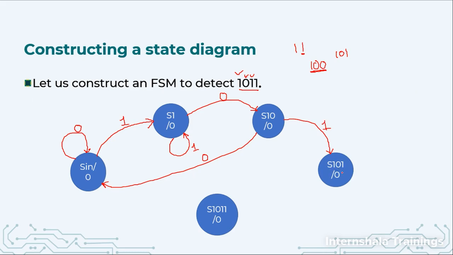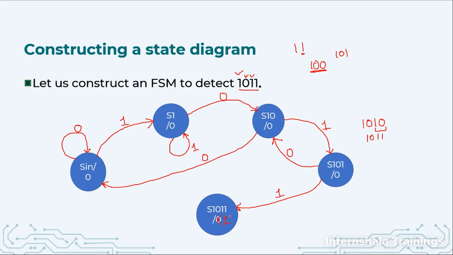Now we are at S101. If I get input as 0, 1 0 1 followed by 0, this is not our pattern, but this much is a part of our pattern. So we will go back to this place. And if I get 1, that means 1 0 1 1, then I go to this state where we can say that output is no more 0, output will be 1.